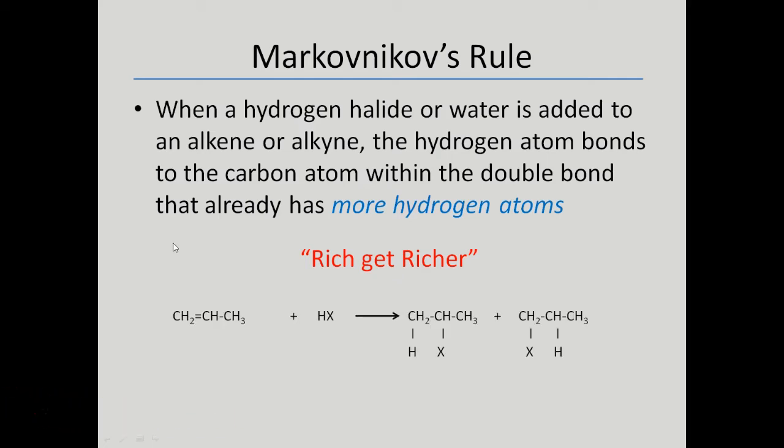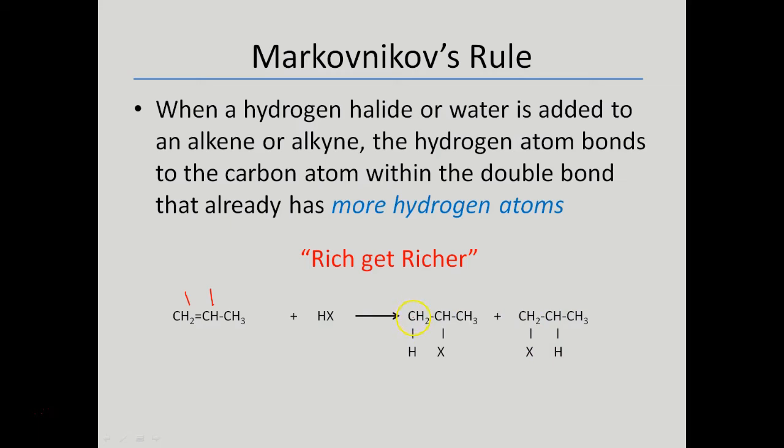So if we take a look here and apply our Markovnikov's rule, what we can see is that when my double bond is broken, this carbon here or this carbon here could get the hydrogen, and then the other one would get the halogen. So we could get a case where my halogen is on the second carbon in the chain or on the first.